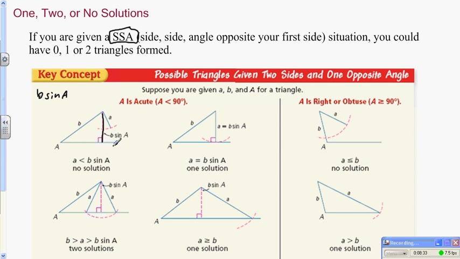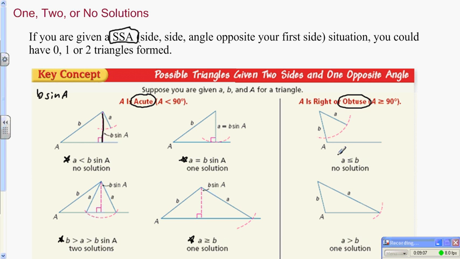Now, I'm going to break this down step by step. The first thing you're going to want to do is decide from the information given whether the angle is acute or obtuse. If it is acute, we will look at this relationship, this relationship, this relationship, or this one, and that will tell us how many possible triangles there are.